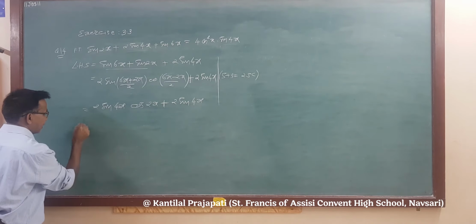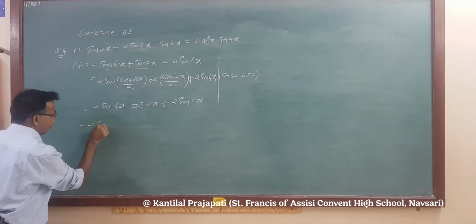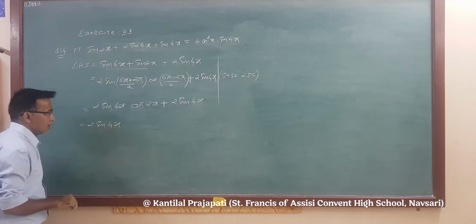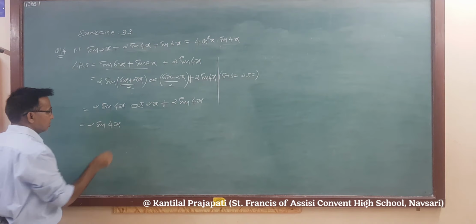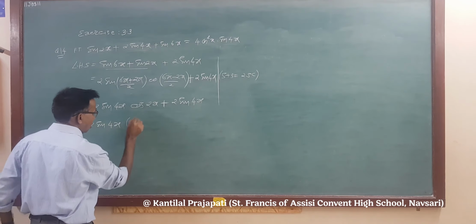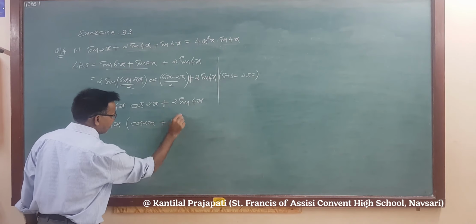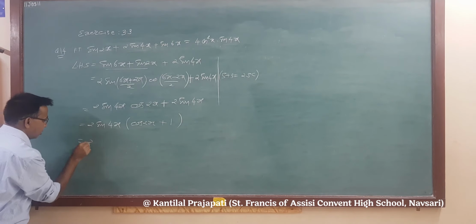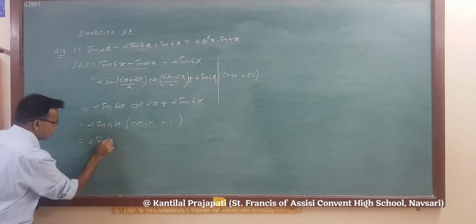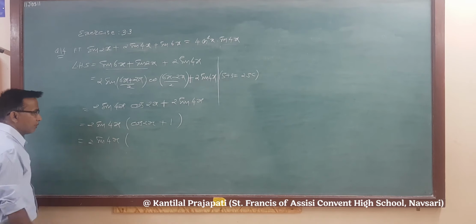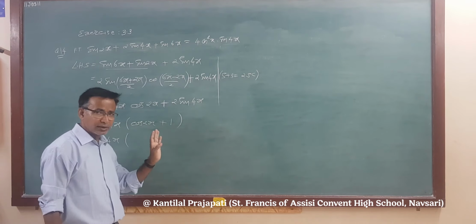The 2 sin 4x is common. So what will remain in the bracket? Cos 2x from the first term. And what is here? Plus 1. Right? 2 sin 4x. For this we have written 1 plus cos 2x is 2 cos square x.